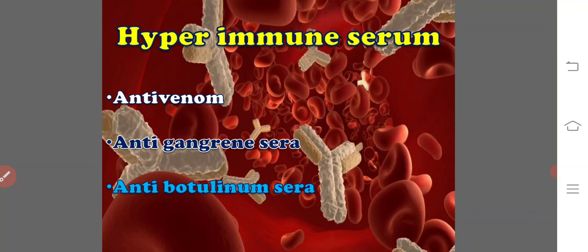Antisera of animal origin are now recommended only where human preparations are not available. The best examples for these are antivenom, anti-gangrene sera, and anti-botulinum sera.